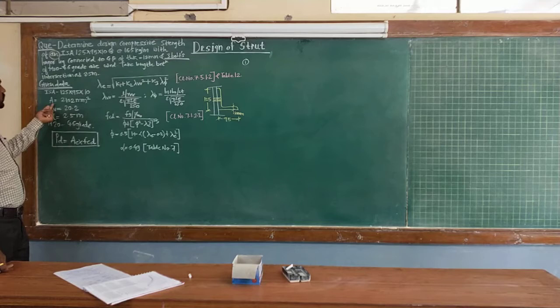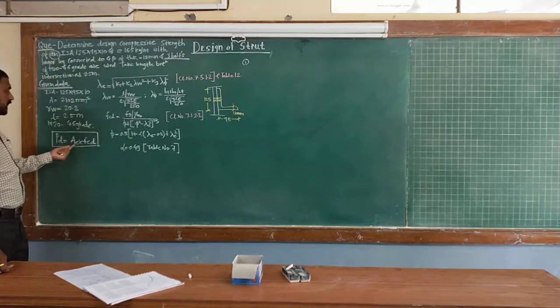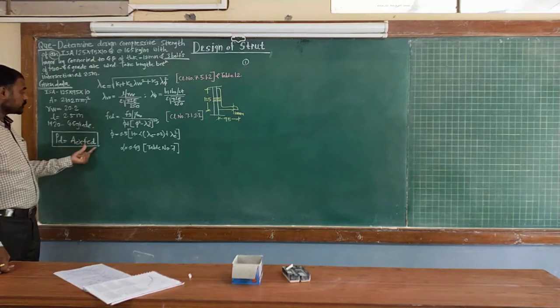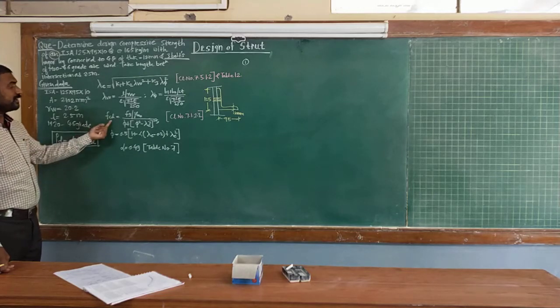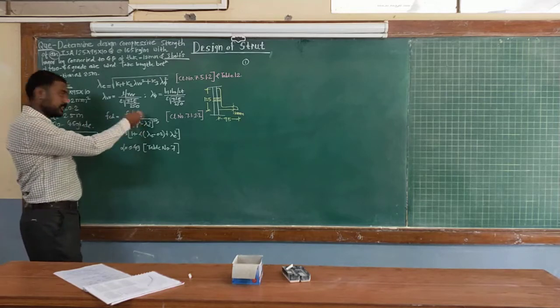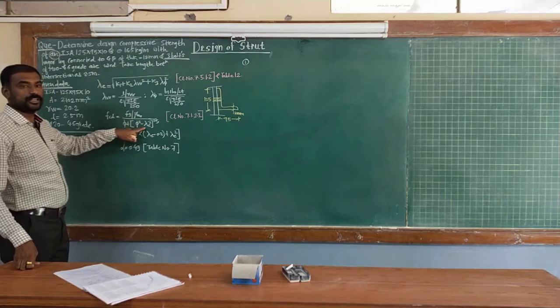Area effective we know is equal to 2102 mm square. It is a single angle section, so the area is directly given; we have taken it from the steel table. Now for fcd, fcd is given as fy divided by gamma m0 divided by phi multiplied by bracket phi square minus lambda equivalent square, raised to 0.5.